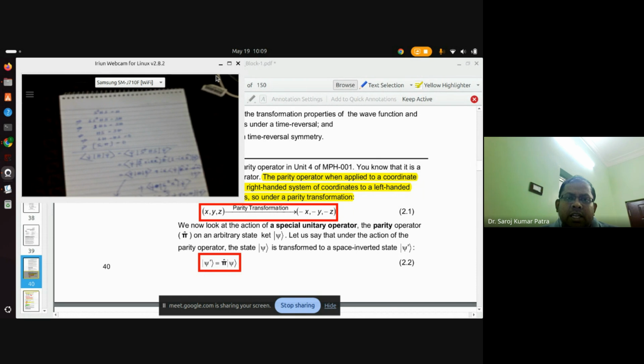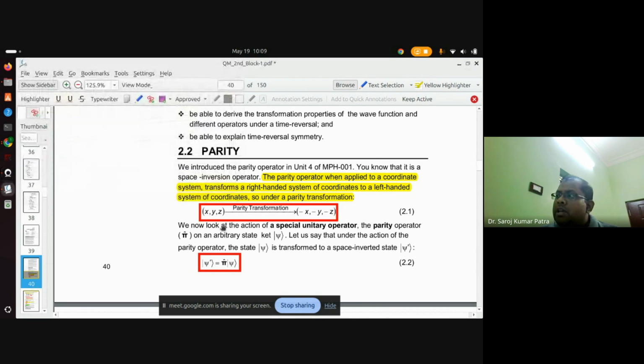It is basically going from x, y, z in the first octant to minus x, minus y, and minus z, the diagonally opposite octant. So this is what the parity transformation does. How exactly it will affect our wave function and other operators, what is the significance, we will be discussing. But one thing we have to keep in mind: what is the parity operator?